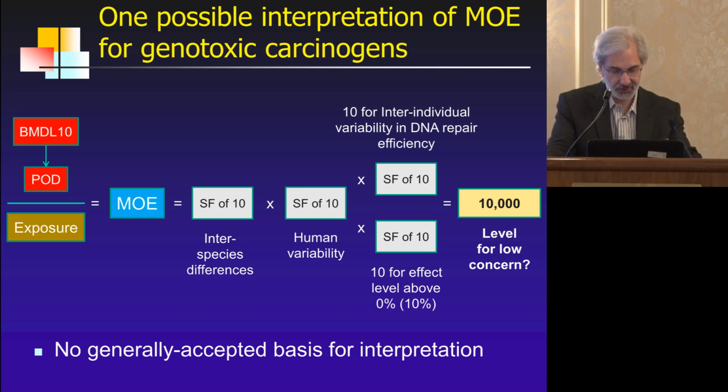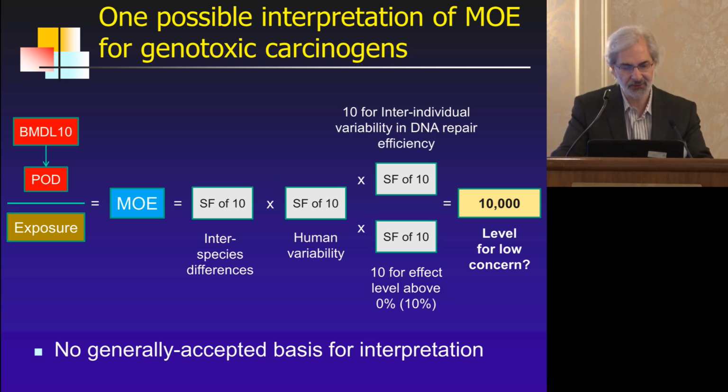The European Food Safety Authority, EFSA, a few years ago now, had a workshop, and it put forward a proposal for the scientific justification of a margin of exposure of 10,000 being associated with low concern.